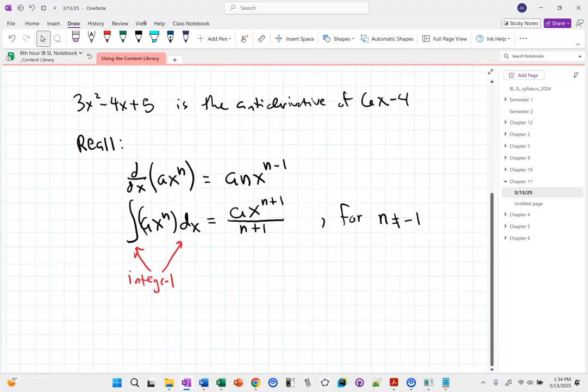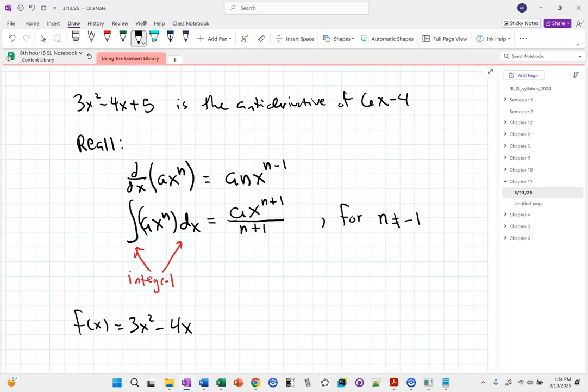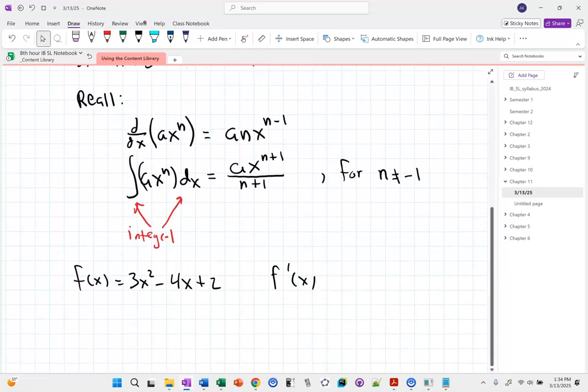We have a small problem though, because what if I have f of x equal to this? What's the derivative of 3x squared minus 4x plus 2 going to be? 6x minus 4.